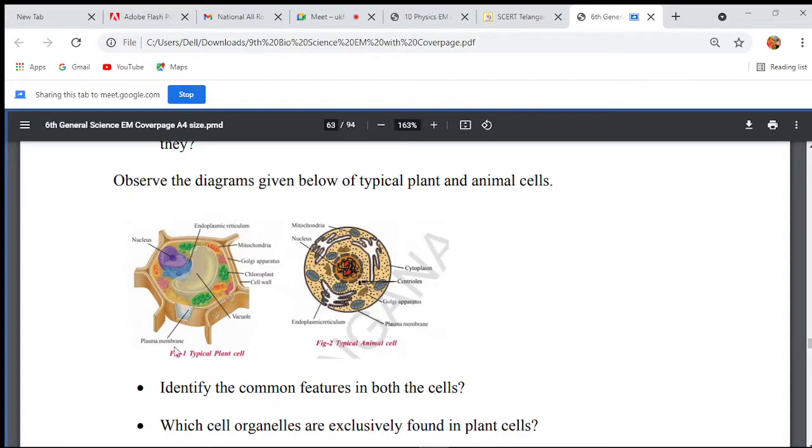First question answer means we had to see only the common features. So what are the common features? Nucleus is present, endoplasmic reticulum is present, mitochondria is present, and Golgi complex also is present. Next, second question: which cell organelles are exclusively found in plant cells? Some organelles you can see only in plant cells.